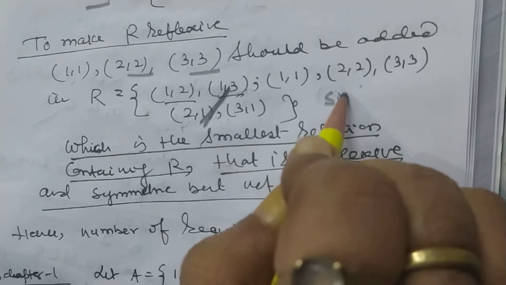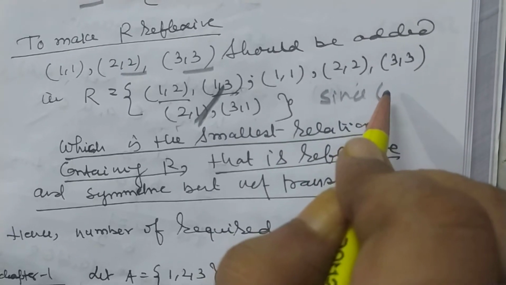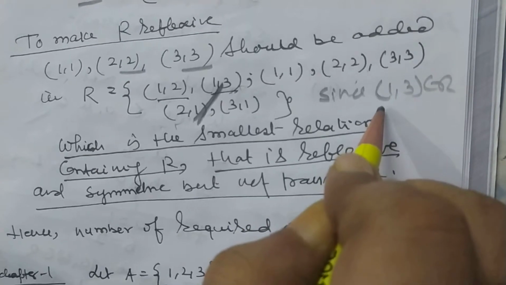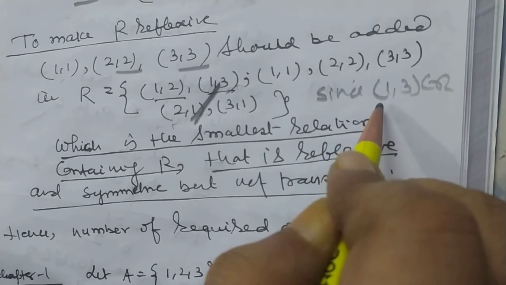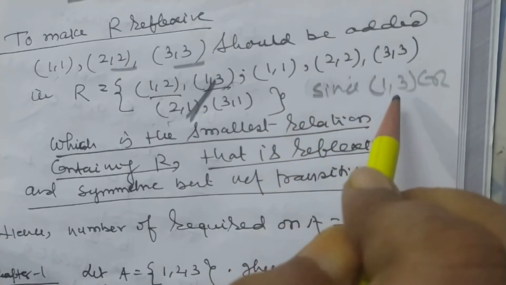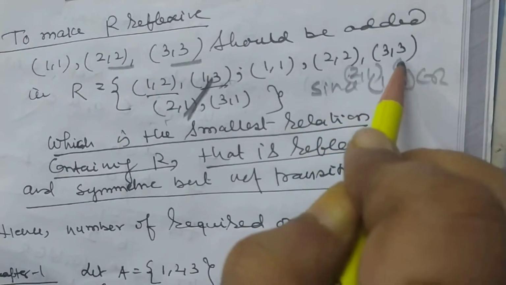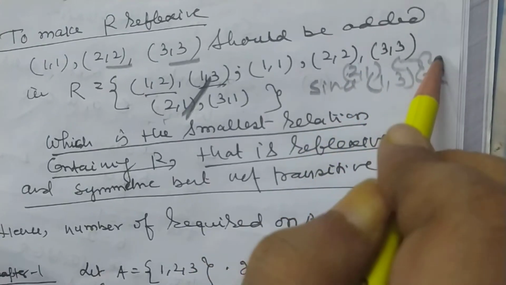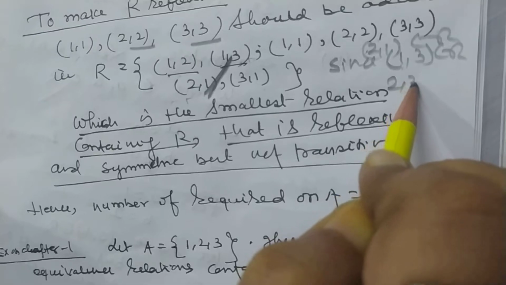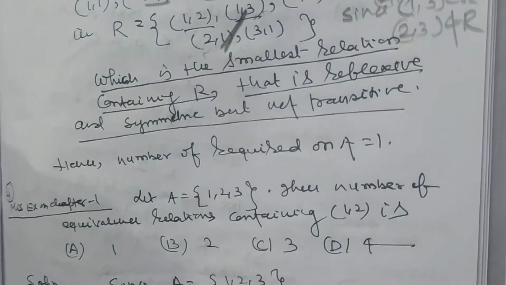You must write: since (2, 1) belongs to R and (1, 3) belongs to R, but (2, 3) does not belong to R, it is not transitive.